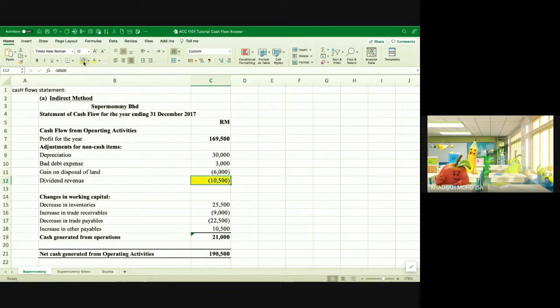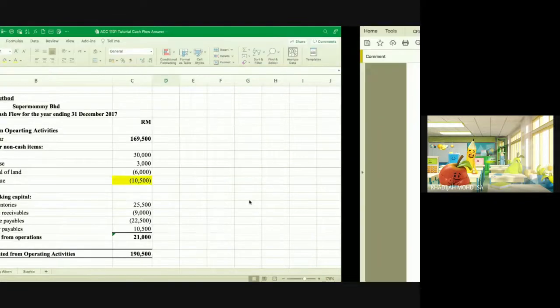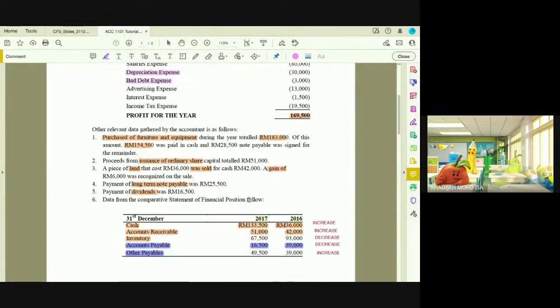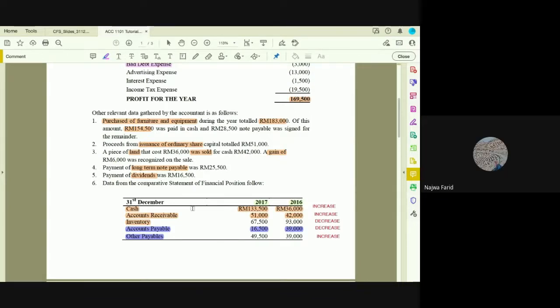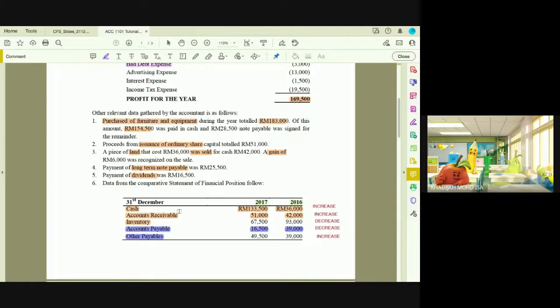Okay? And then look at the changes in your working capital. Right? So remember that just now, alright, your cash is increased. So if cash is increased, plus or minus? Minus. Right? Bila cash increase, there's a minus. So how much is the difference? 97,500.